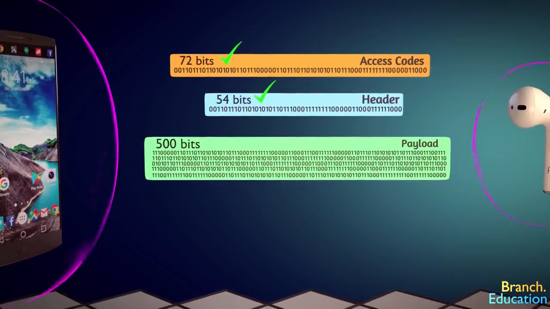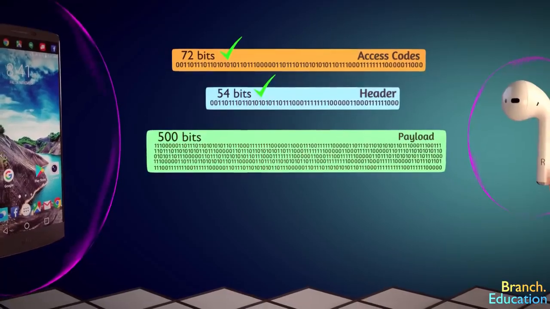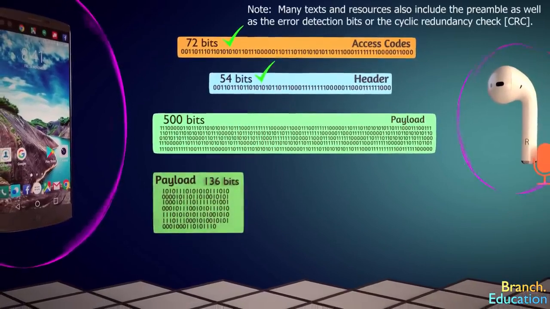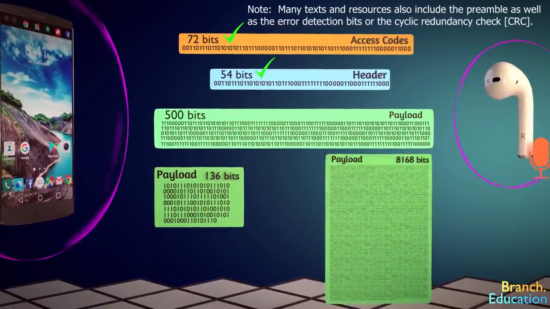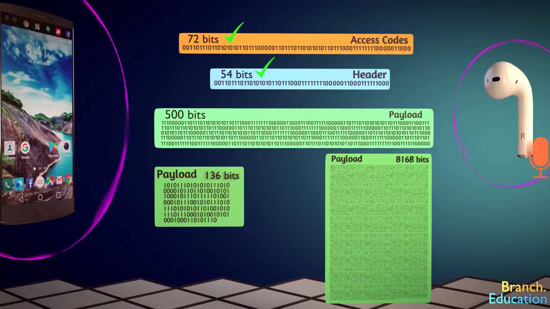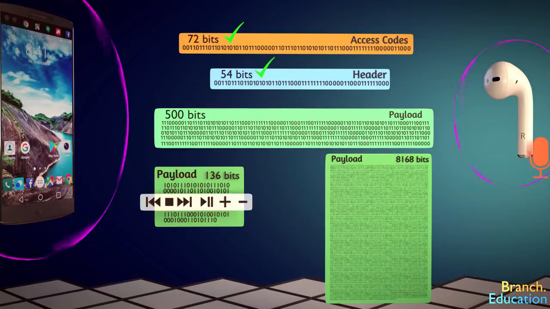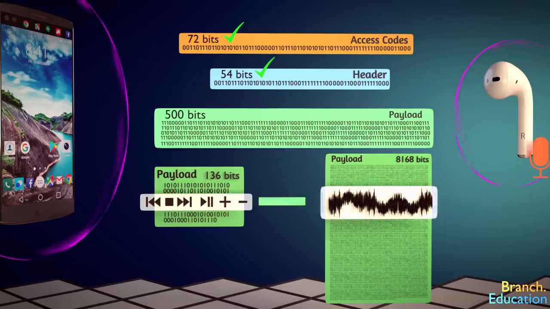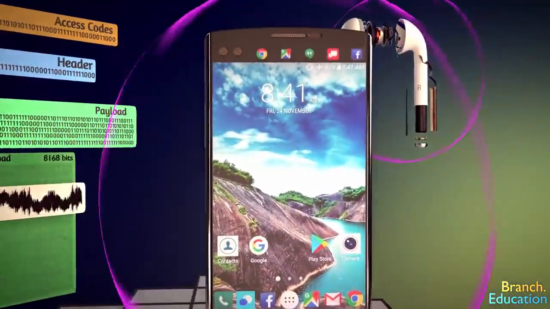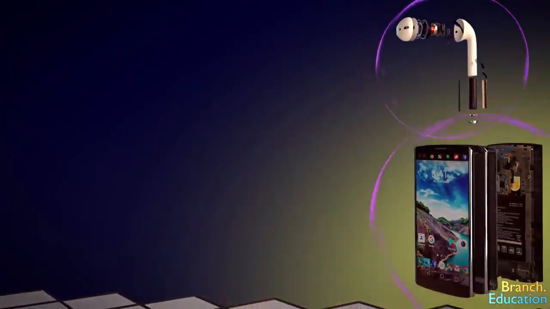However, the size of the payload, which is specified using the header, can vary widely between 136 bits and 8,168 bits, depending on the requirements of the data being sent. For example, simple commands from your headphones, like pause or play the music, would require far fewer bits than sending or receiving high-quality audio.